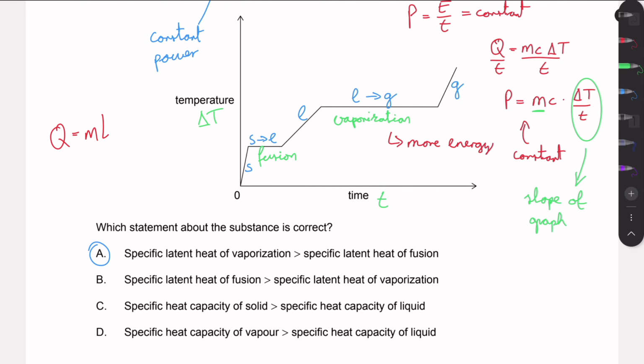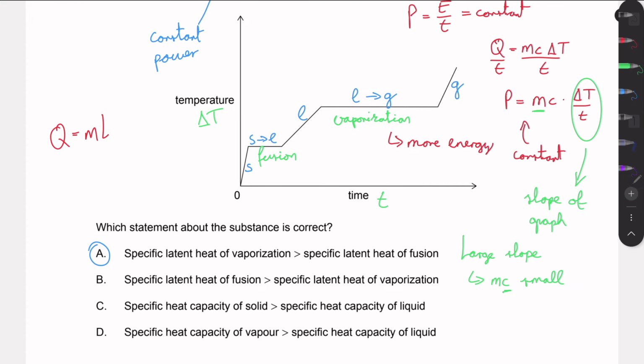So it means that if we have a large slope, then it follows that m times c must be small, and also vice versa, as that's how their product will remain the same. So we know that the larger slope will correspond to a smaller specific heat capacity, as m is also a constant, so actually only c is changing here when the slope is changing.